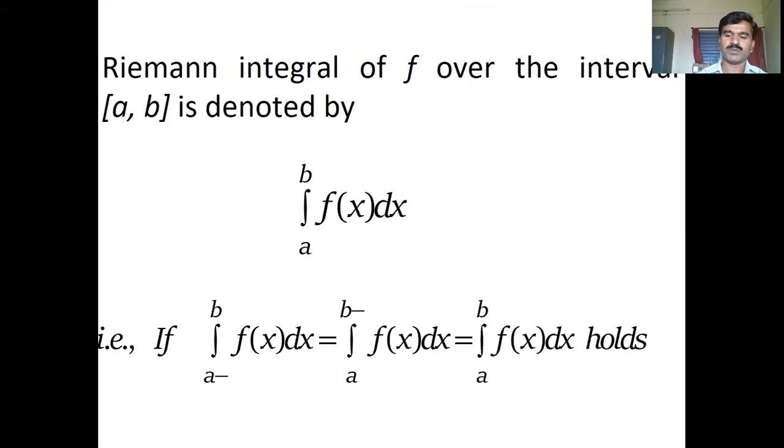That is, the upper Riemann integral equals the lower Riemann integral, which equals the integral. When this holds, we call it a Riemann integral.